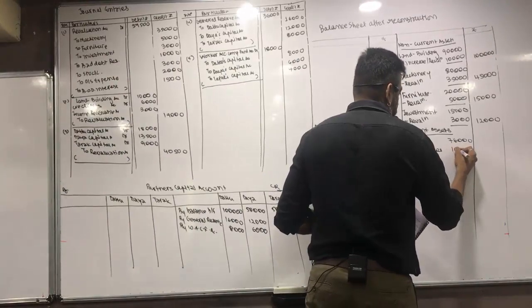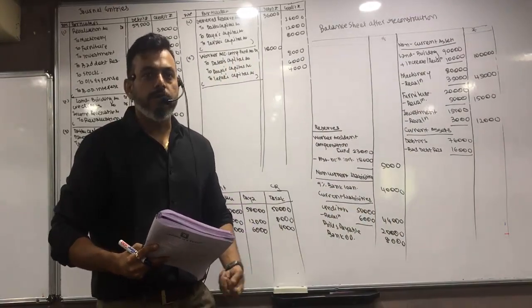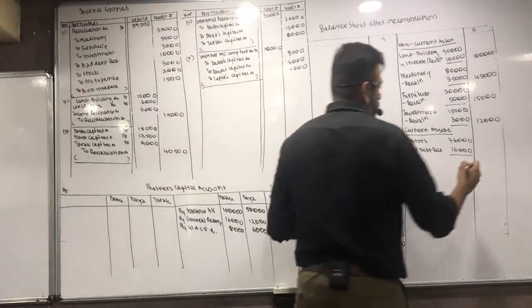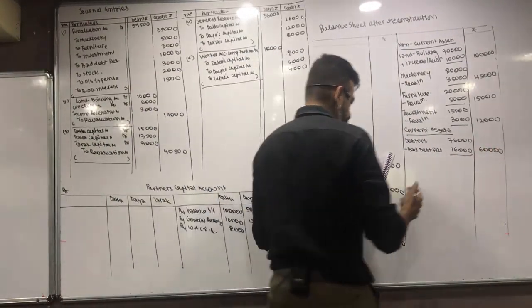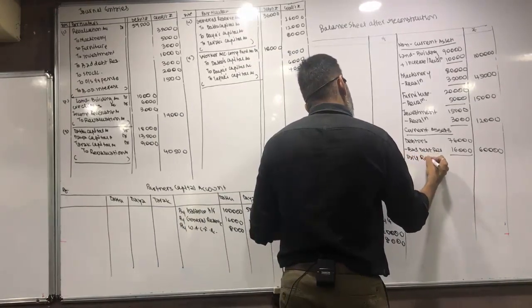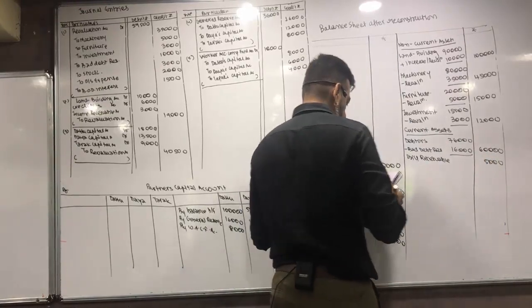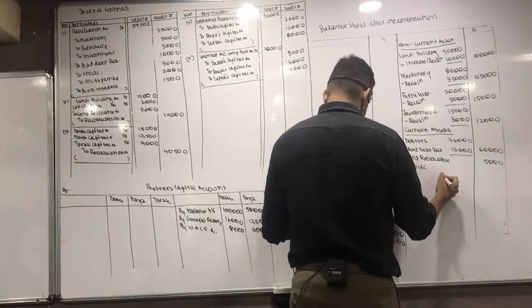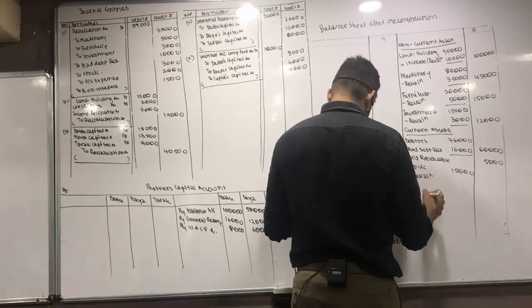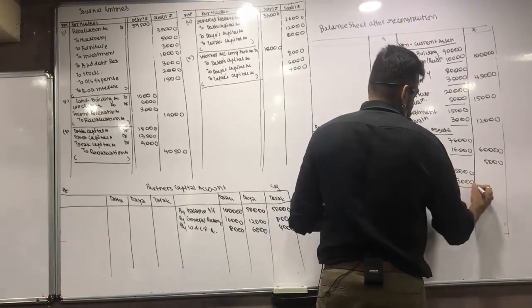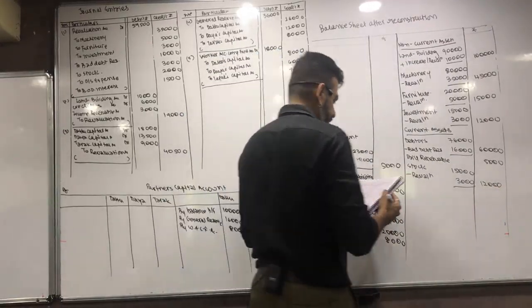So bad debt reserve will become 16,000. Understood this? Okay, so outer column 60,000. Then bills receivable 5,000. Stock, inner column 15,000 minus decrease or revaluation 3,000, so 12,000. Cash 55,000.